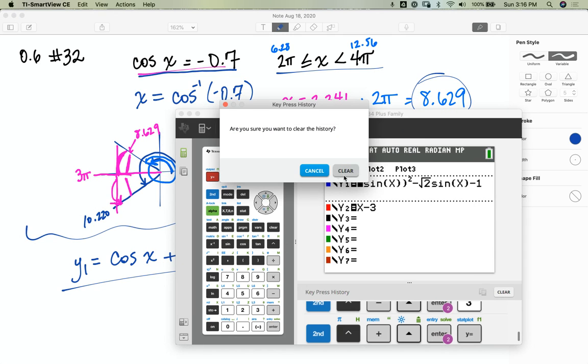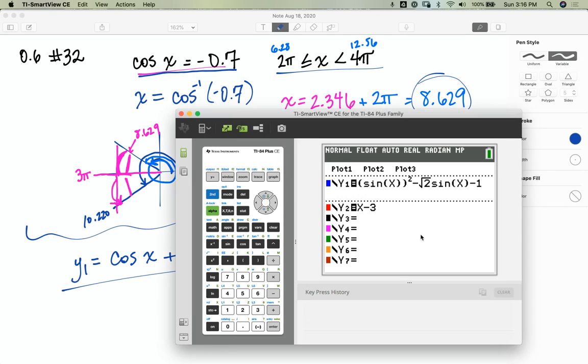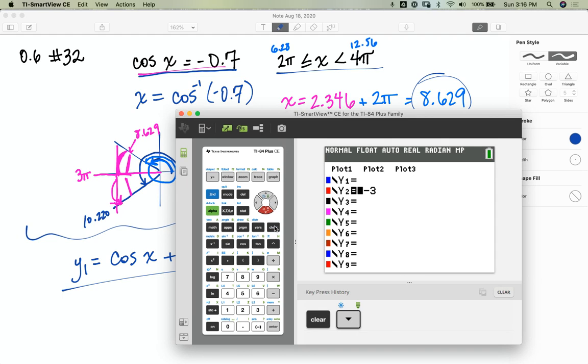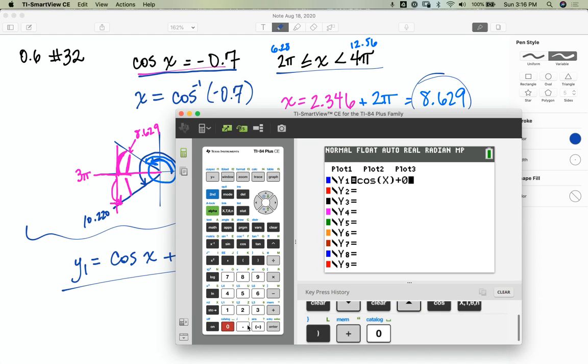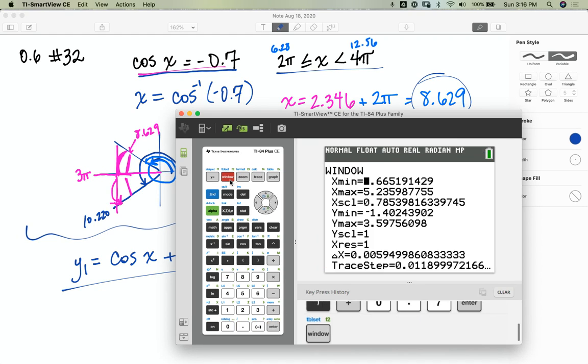If you have anything in there, which of course I do, we want to clear those out. So we're going to go y equals cosine of x plus 0.7, and then enter kind of locks it in. Then we're going to hit the window button, and we're going to change our x minimum to a 2 pi.